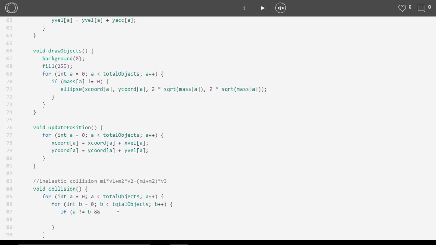So if A is not B and the mass of A is not equal to 0, because I'm going to make the mass of one of these two objects 0, and that's how I'm going to consider that they're not part of an equation. And same sort of thing with the mass of B.